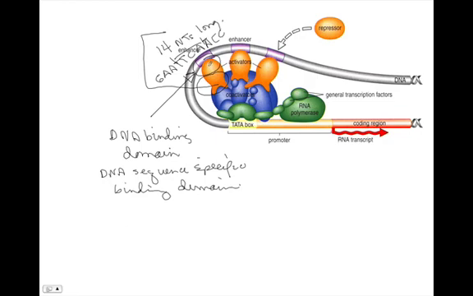The biggest difference between the insulin gene in the pancreas and in other cell types is that in the pancreas, these proteins are all present, and in other cell types, these proteins are absent. The reason these proteins are getting assembled here is because of the DNA binding domain of these activators.